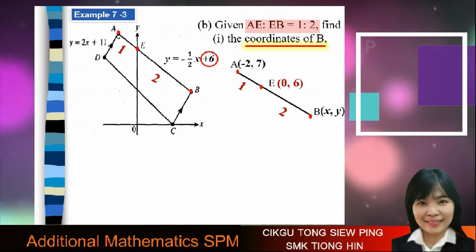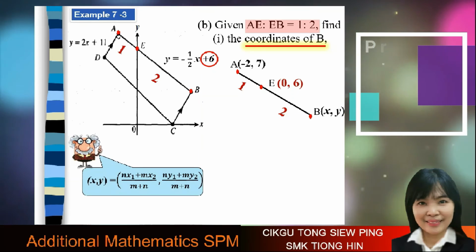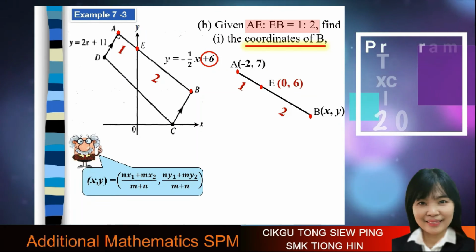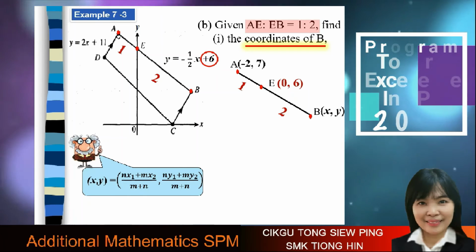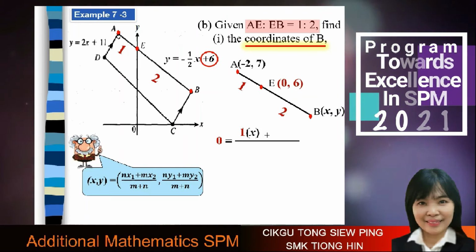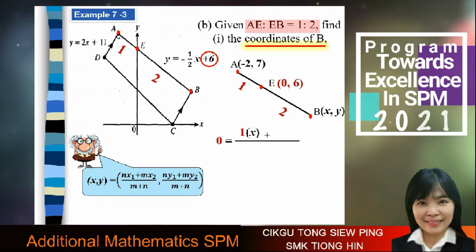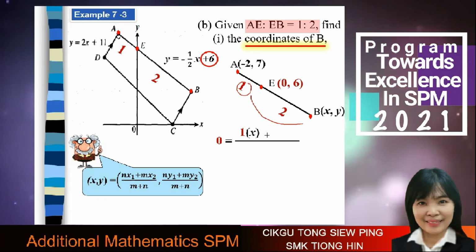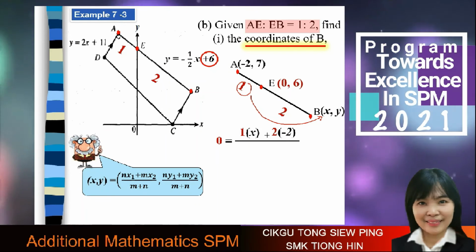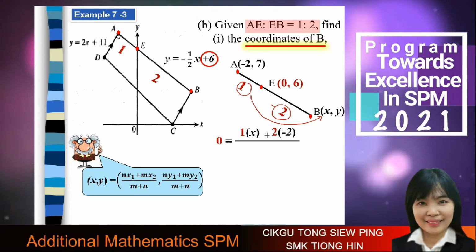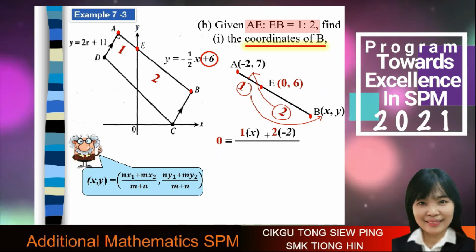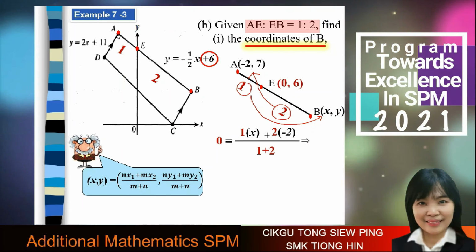I let B be (x, y). Then again, for this example, we need to use the ratio formula. We solve for x first. 0 equals 1 multiplied with x plus 2 multiplied with -2, divided by 1 plus 2.